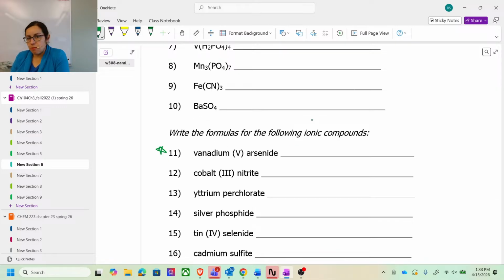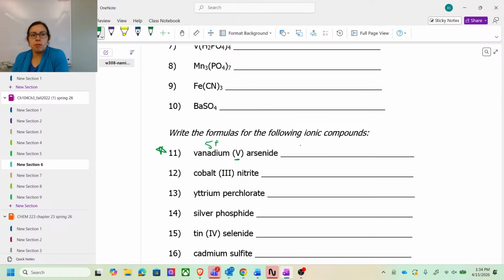So what did we get for our formula for this one? Well, let's just start. So what's our oxidation state of vanadium according to this? So +5. And then what's arsenic's or arsenide's oxidation state here?